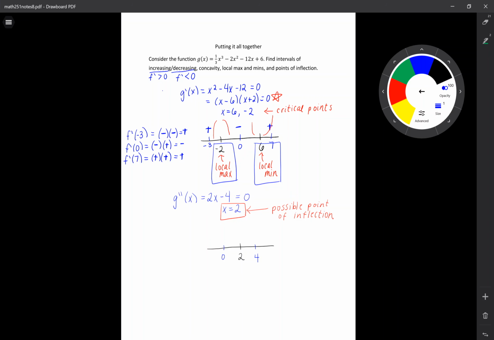And now I'm going to plug these 2 points into my second derivative to see if my second derivative is positive or negative there. So g double prime of 0 is equal to 2 times 0 minus 4, which is negative. So I am negative here. This means that I am concave down.